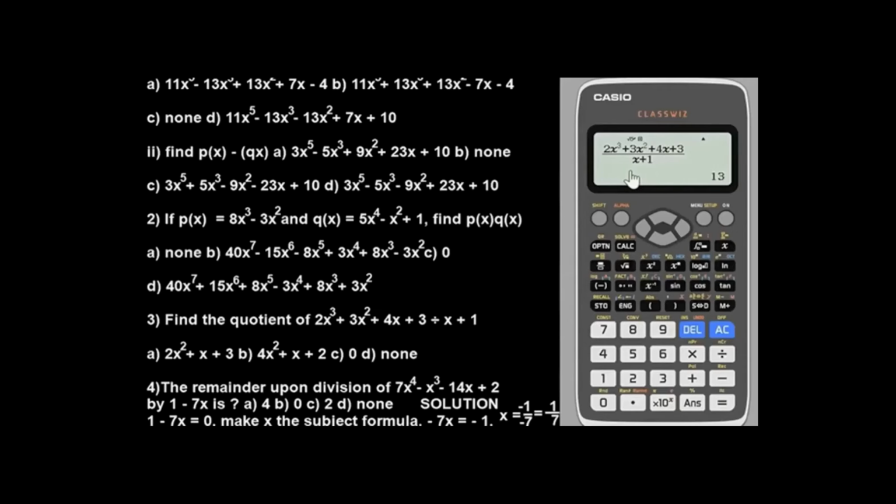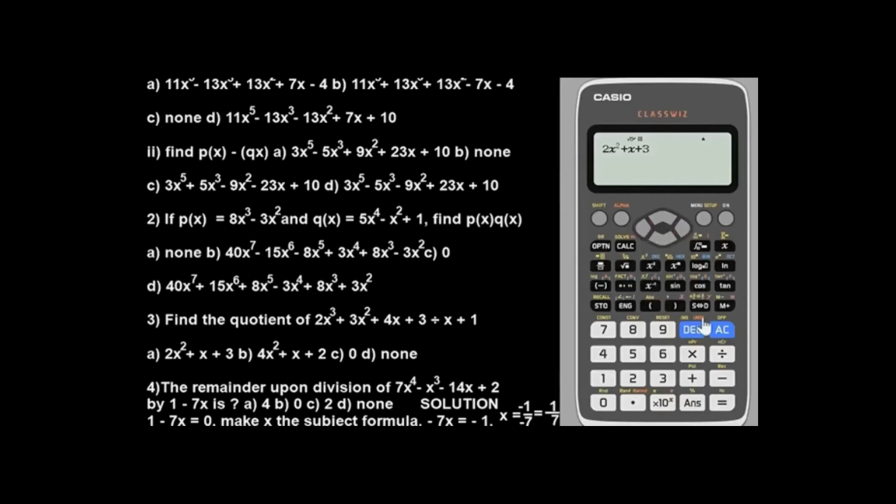So we have 13. Very, very simple. Now, let's check option A. We have 2x squared plus x plus 3. Let's see. 13. So, guys, the answer is what? Option A. But let's check option B.